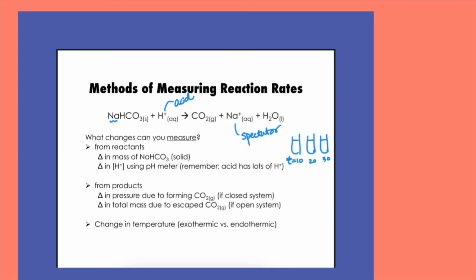As you produce more carbon dioxide gas, it will increase pressure inside the container, so you can use a pressure measuring barometer and monitor the reaction rate. Now lastly, if this is an exothermic reaction, it will release heat energy. If it is an endothermic reaction, then it will take some heat away so that the ambient temperature will drop.